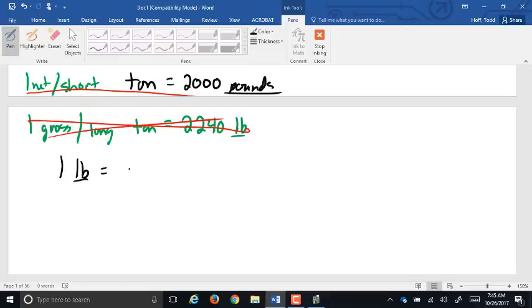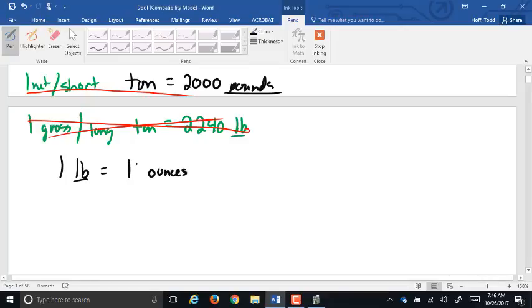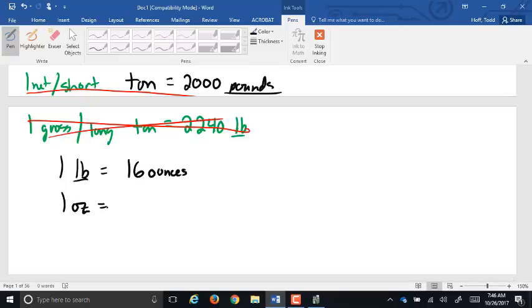Smaller than a pound is the ounce. How many ounces are in a pound? 16 ounces. They continued to use the Latin word for ounce, which I don't remember what it is right now. Abbreviated OZ, yeah. Smaller than an ounce, there is a dram. It sounds similar, but gram is metric.